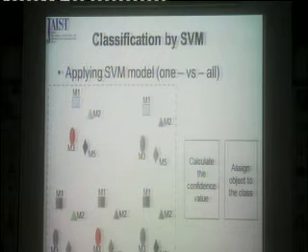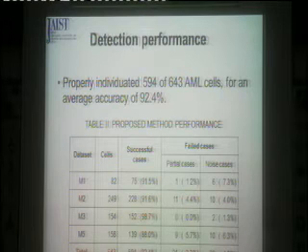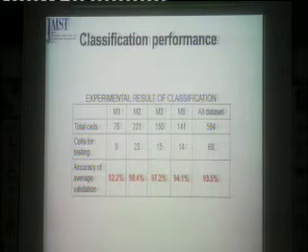But let me omit the detail of the support vector machine. This is an algorithm to classify an AML cell into 4 classes, and this is a result of detection of AML cells. The performance is over 90%, and the accuracy of classification is also more than 90%, like this.